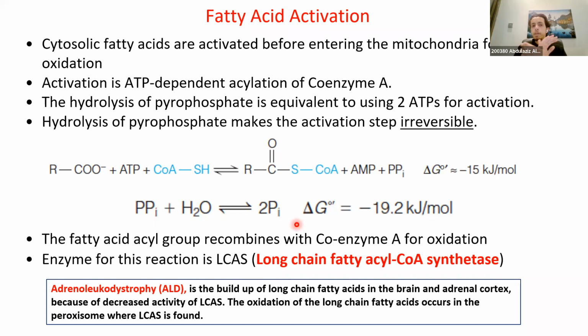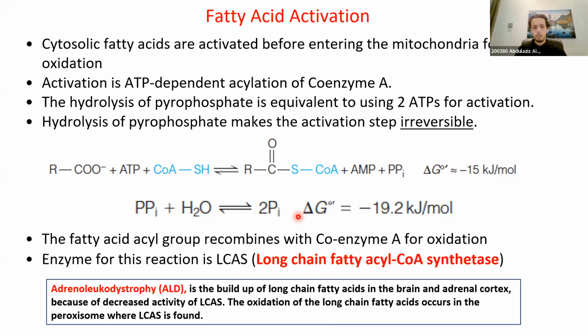And this causes it to be irreversible. So we use an ATP. We want the long chain fatty acid to be activated and to enter the mitochondria. If this step wasn't here, it could have been reversed, but we want this step to be irreversible. If this step is not irreversible, it can be reversed and will inhibit this process. So once we use this ATP and it's hydrolyzed into AMP and pyrophosphate, the pyrophosphate is quickly hydrolyzed to yield 2 phosphates, and this makes it irreversible.